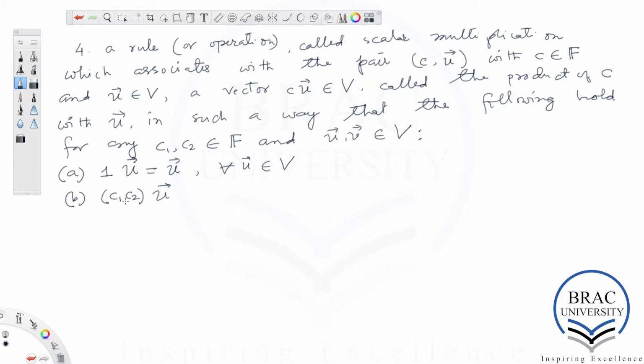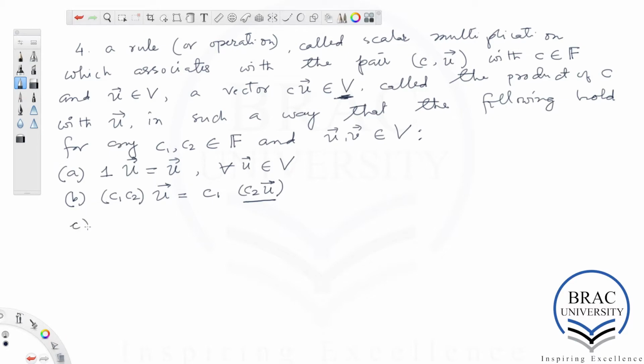You multiply that resulting scalar with the vector u to obtain a new vector in the set V. And that has to be the same as c1 times (c2 u). So on the right side you have the vector c2 u, and that gets multiplied with the scalar c1 to result in a new vector in the set V. That has to be the same as what we have on the left hand side.